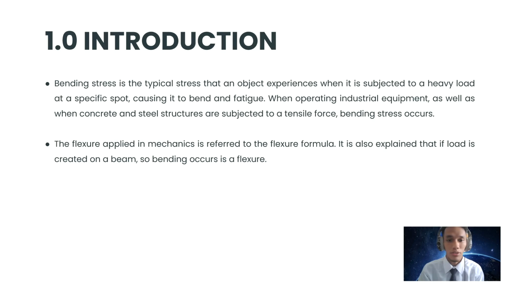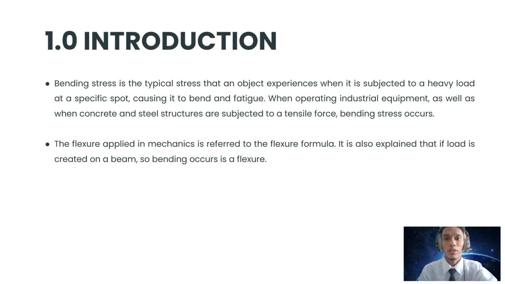Bending stress occurs. Bending, also known as a fracture, is referred to in mechanics by the fracture formula. It is also explained that if a load is applied on a beam, bending occurs, which is a fracture.